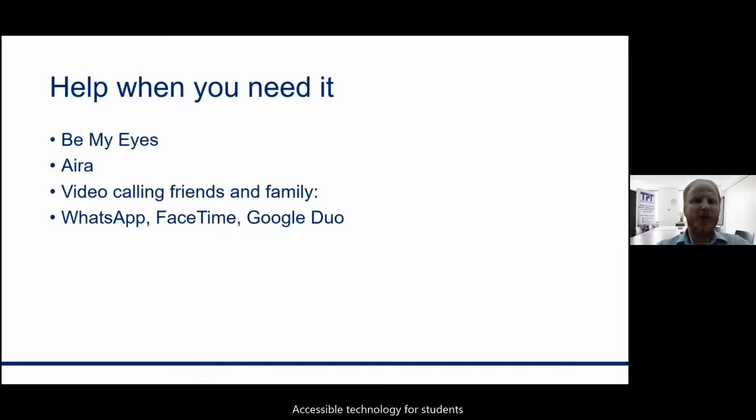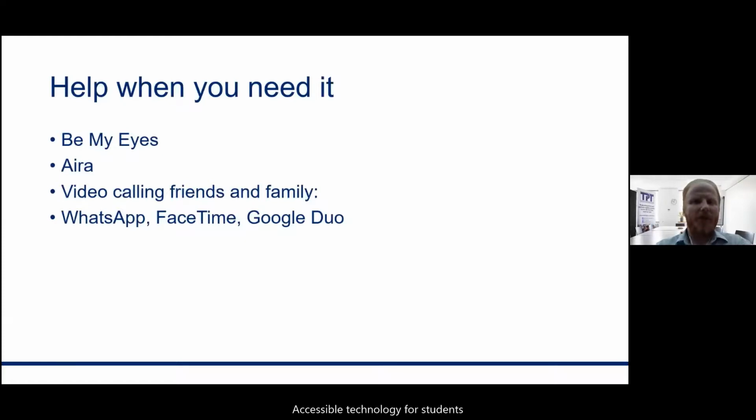Maybe you want some assistance identifying the right tin in a kitchen. Maybe you've got a new washing machine to get used to, and you want to get an idea of which button is which. Well, a volunteer might be able to help you with that, and certainly Be My Eyes is free, so well worth taking a look at.